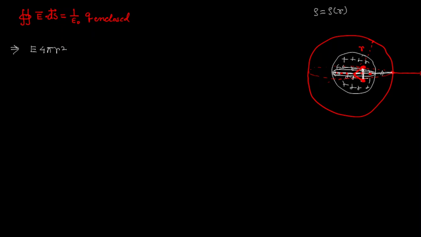Now if I want to calculate the electric field due to these two, the charge that lies within this elementary volume will create an electric field at this point along this direction. And the charge that lies in the same elementary volume at this point will create an electric field along this direction.